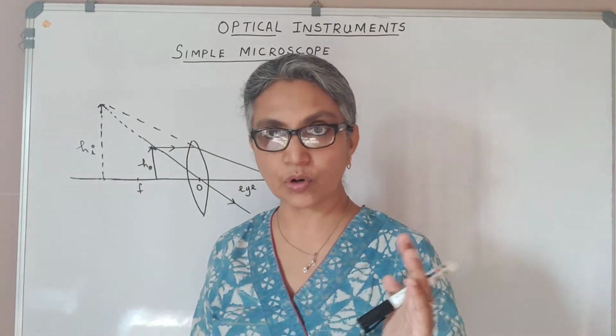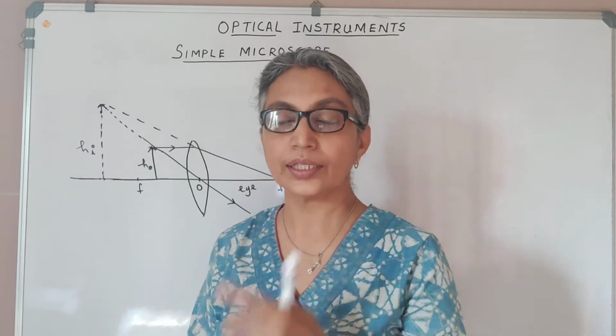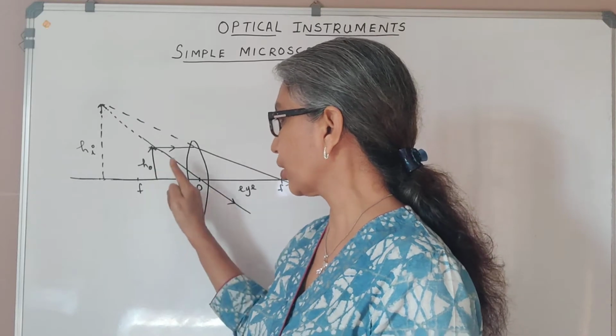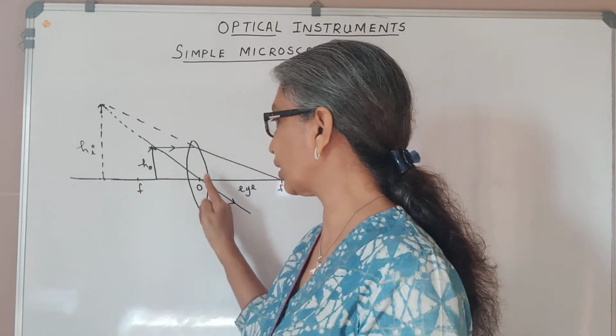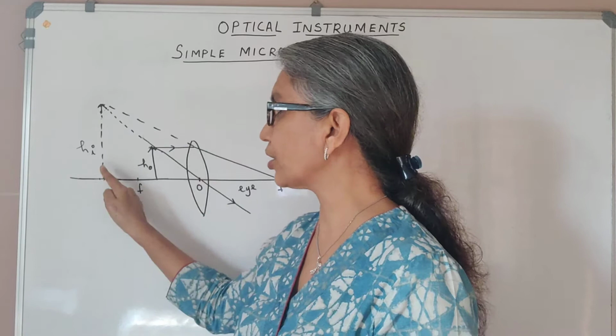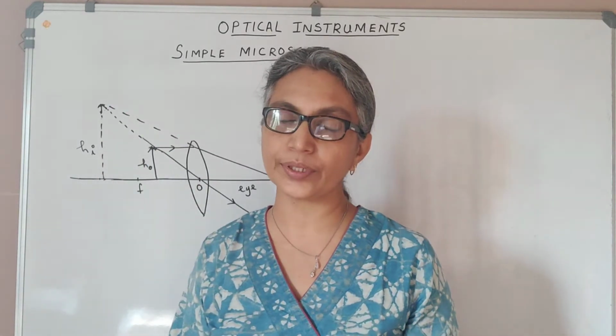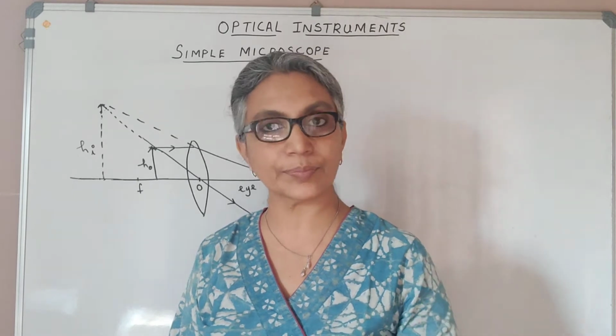If you go back to all those ray diagrams, you will notice that only when the object is between the focal length and the optic center will the image be enlarged and erect. Other positions give an enlarged image, but those images will be inverted.